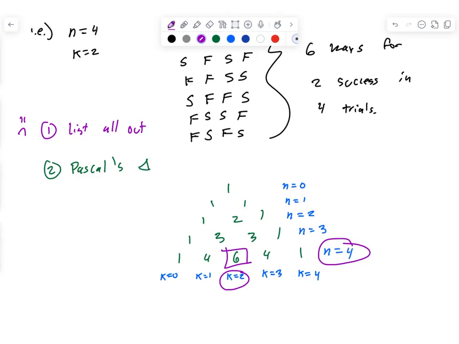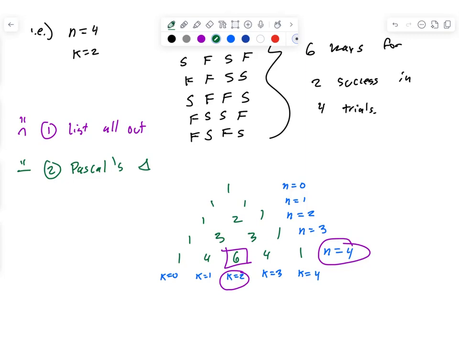So instead of listing them all, you can actually use Pascal's triangle to determine, starting from n equals 0, counting down to what you want, and then counting over from k equals 0 to the end. I'm going to grade this a meh. Now, these are options for you, but I recommend you don't.